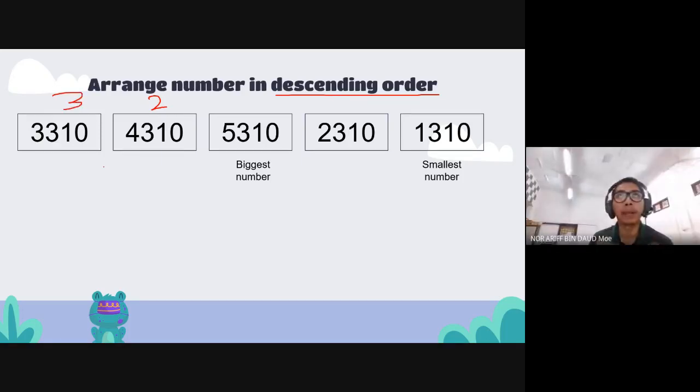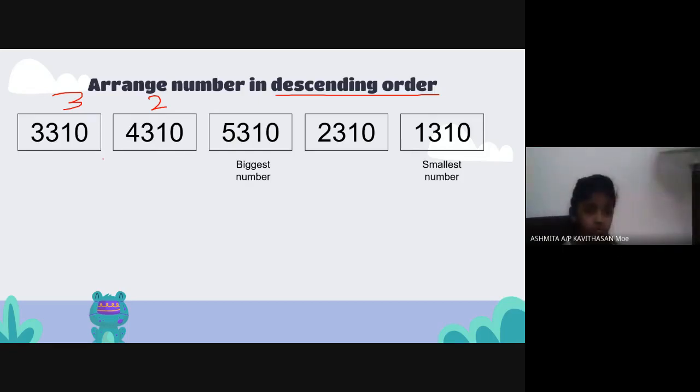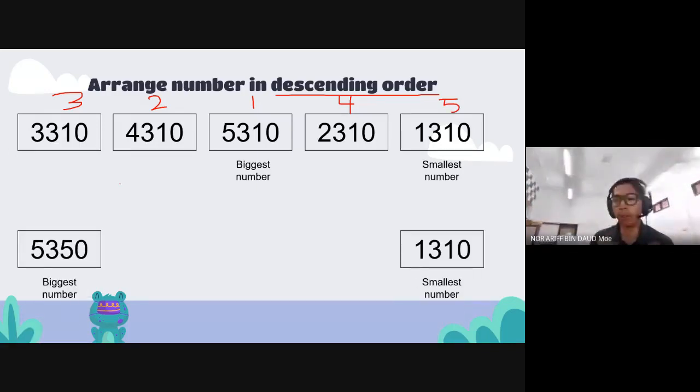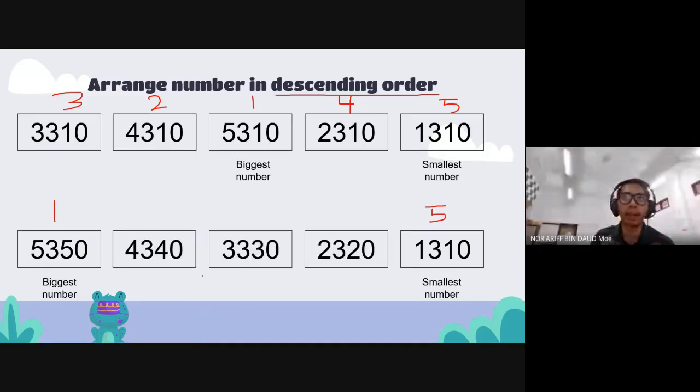Number 4 is 2,310. Yeah, like that. So we arrange the numbers from biggest to small. So we have 1 and 5, and we arrange them back like this.